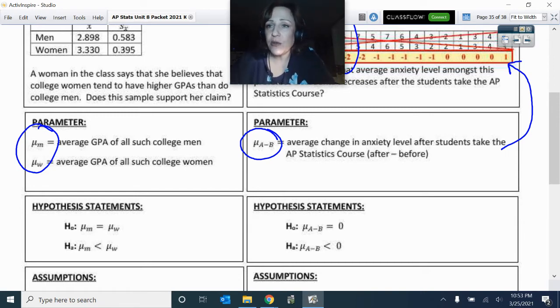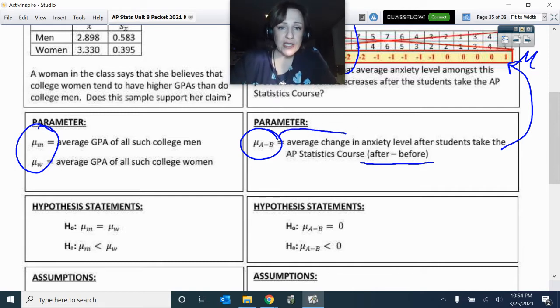So all I'm going to be doing is getting an average of that one highlighted row: the average change in anxiety level after the students take the AP course, and I defined the way I subtracted. You want to make sure this has not only the word average, but average change or average difference. So that's important.